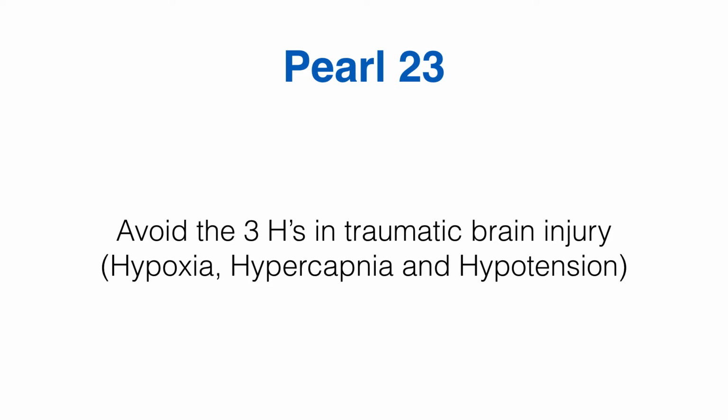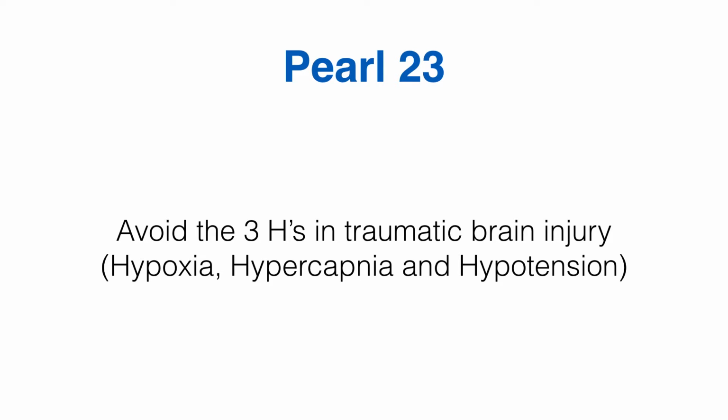And hypotension should be aggressively treated. In these situations of raised intracranial pressure and traumatic brain injury, you actually want supranormal blood pressure to try and push extra blood into the brain to maintain your cerebral perfusion pressure. So hypotension you need to get on top of fairly quickly.